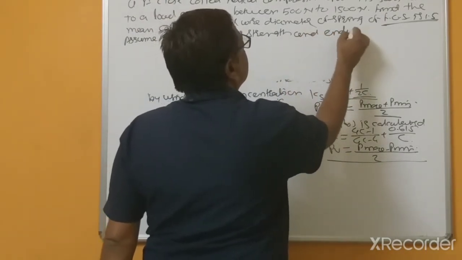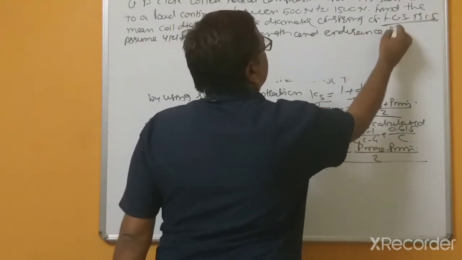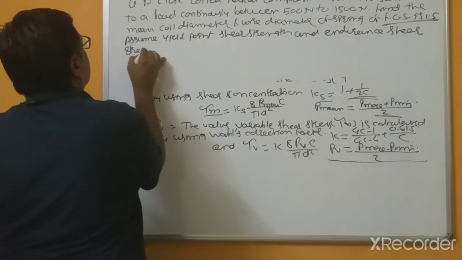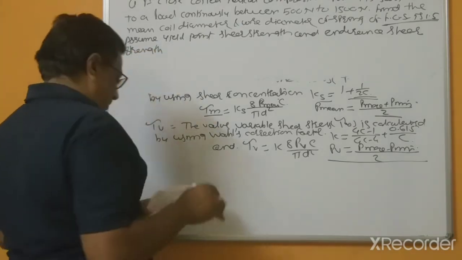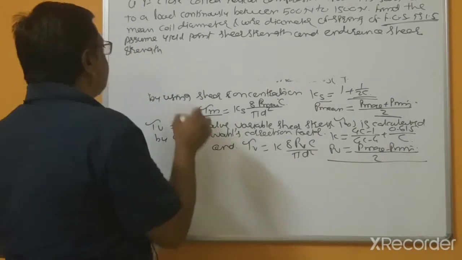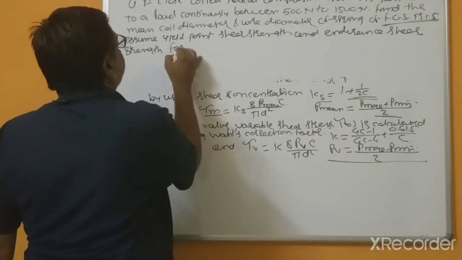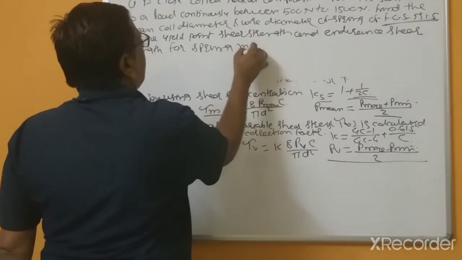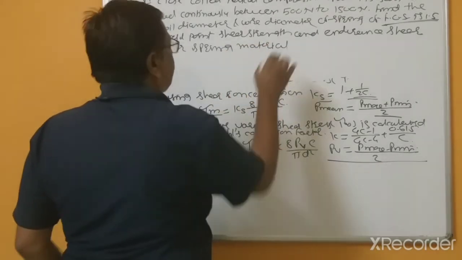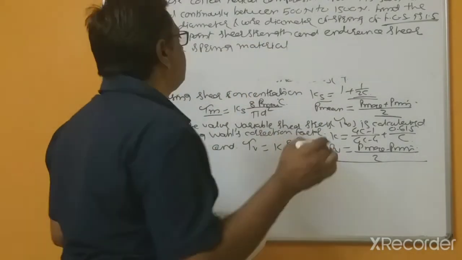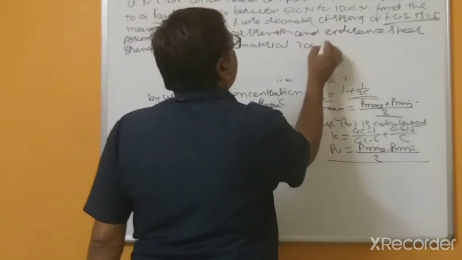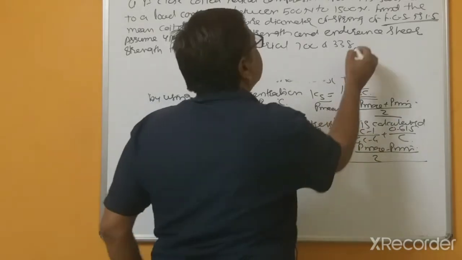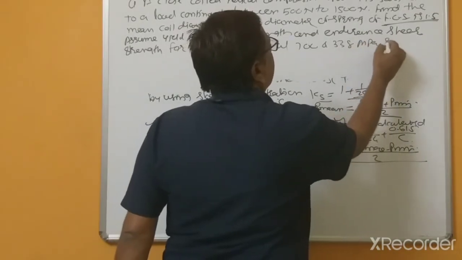endurance shear strength for the spring material, which is directly given: 700 and 338 megapascals respectively.